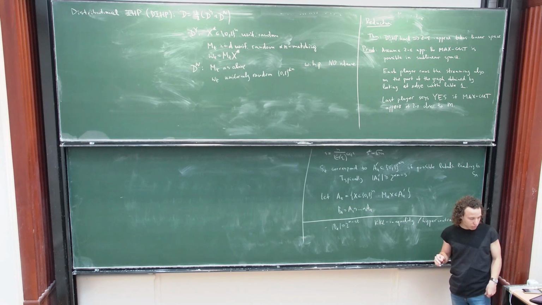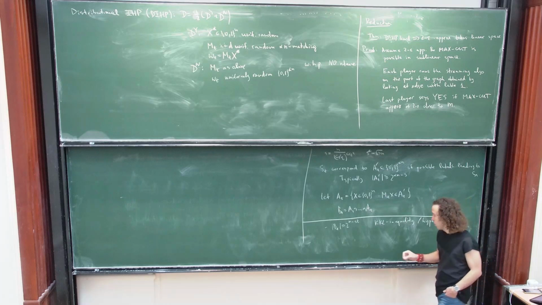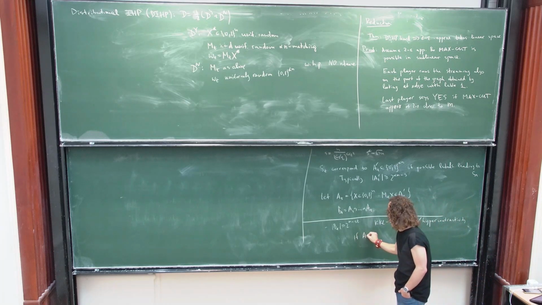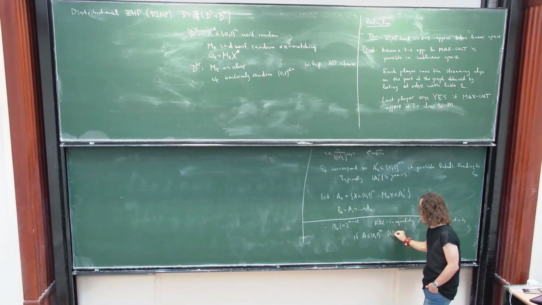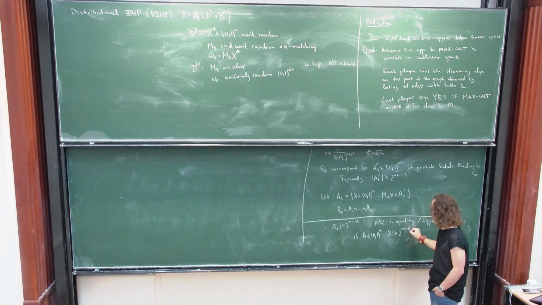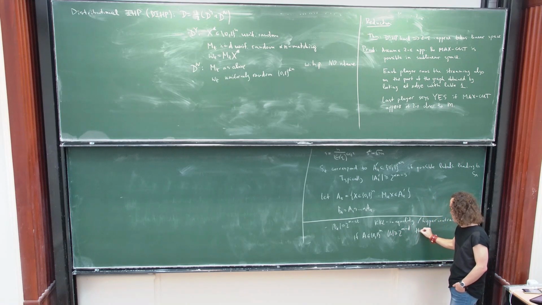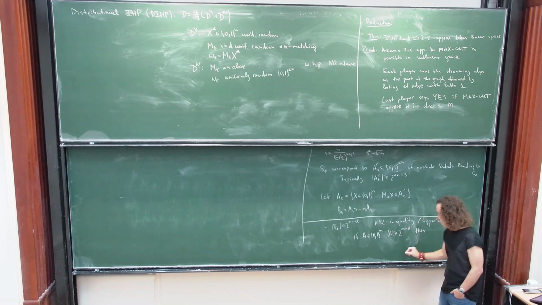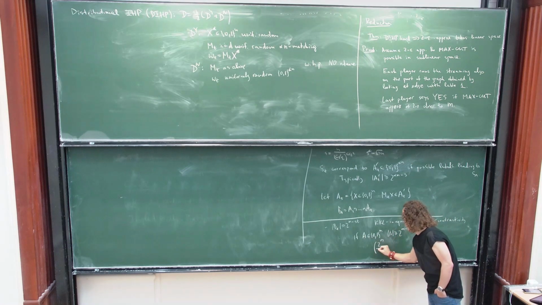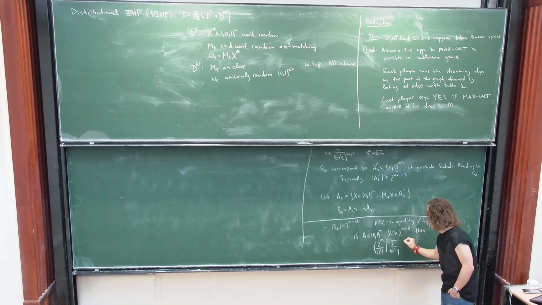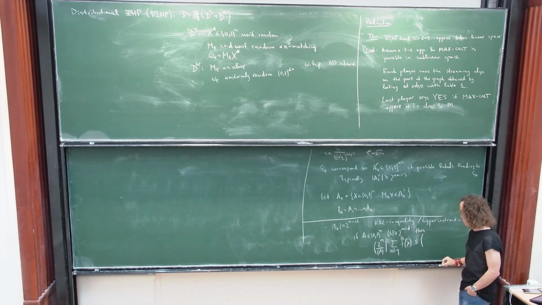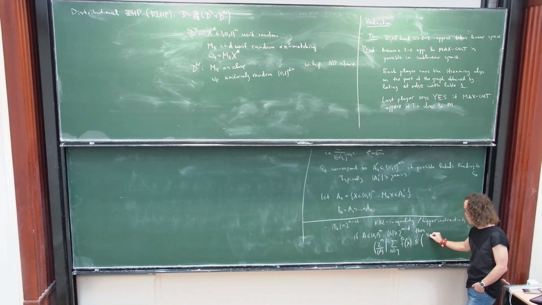So the bound that we want is: if A is a subset of 0, 1 to the m, and the size is at least 2 to the m minus d, then the sum of squares is at most, I think, 14.